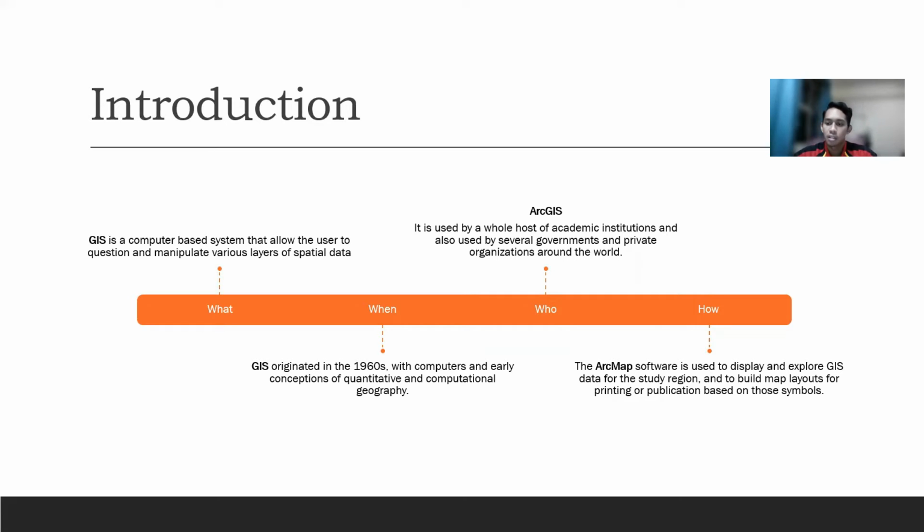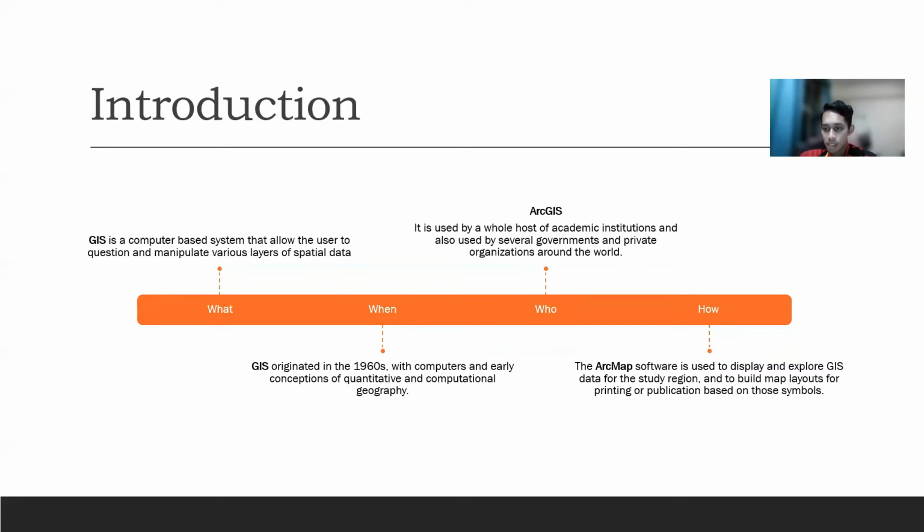So when was the GIS originated? It originated in the 1960s, with computers and early conceptions of quantitative and computational geography.